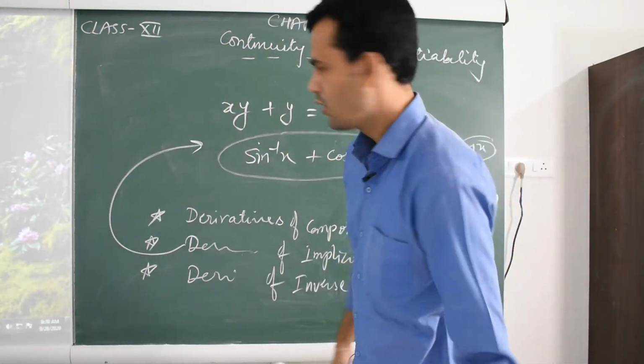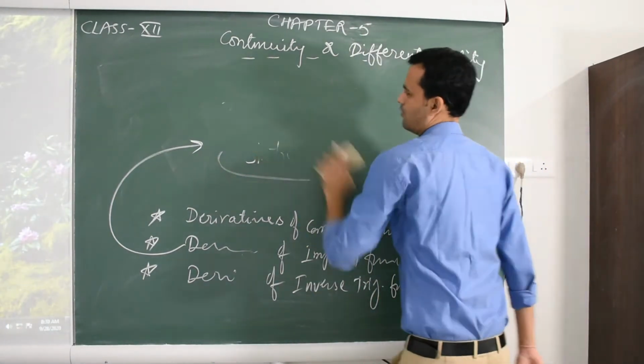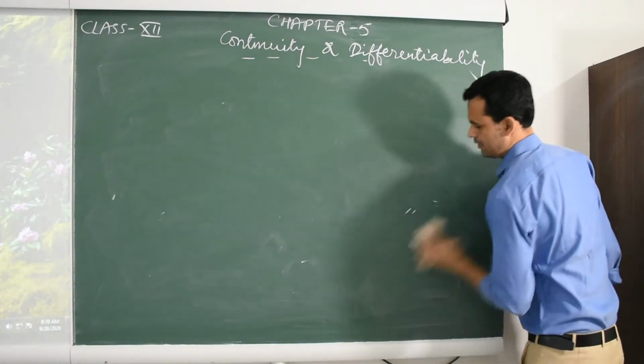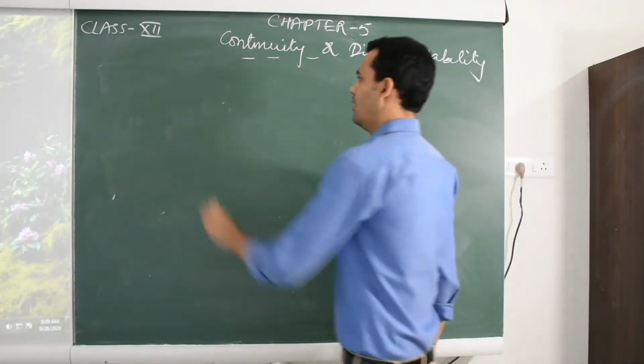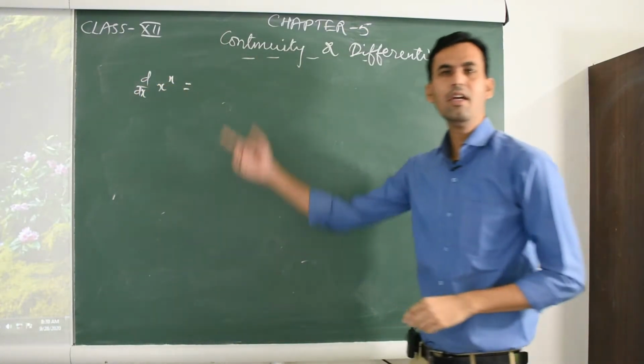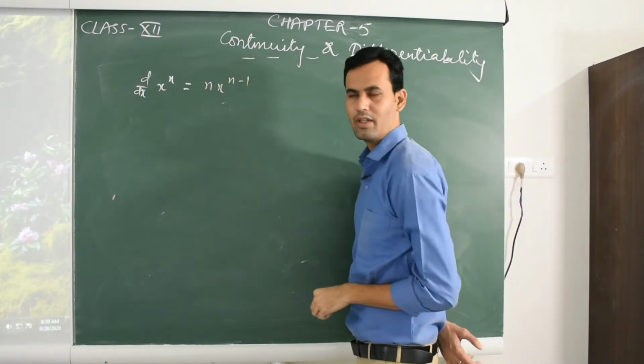So we move towards some basic formulas which we also used in class 11th. Derivative formulas: d by dx of x to the power n is n x to the power n minus 1, the first formula of derivatives or differentiability.